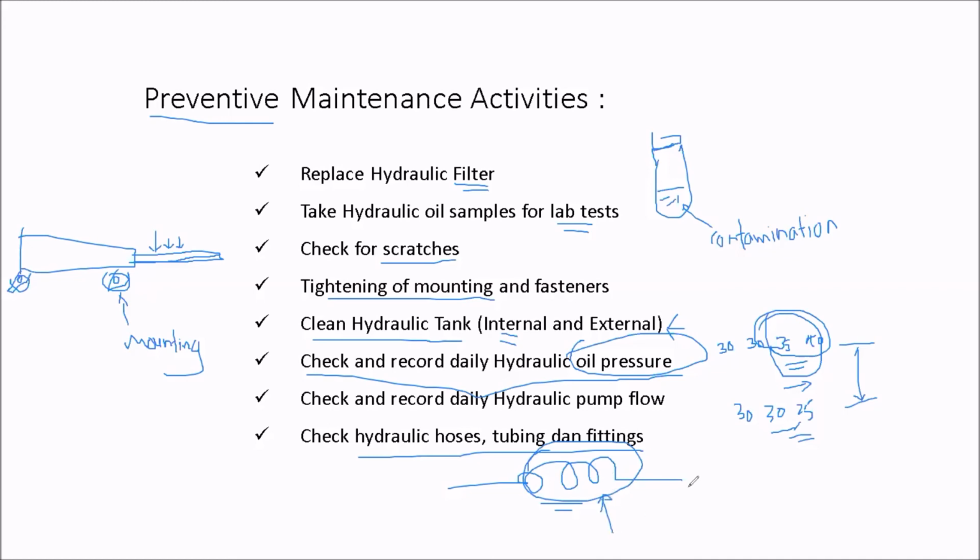When your pressure increases, your coupling will be affected and will spoil, or your hose will burst, or you have leakage all around your hydraulic system. So basically you have to do these 8 steps. These are common preventive maintenance activities for a hydraulic system.